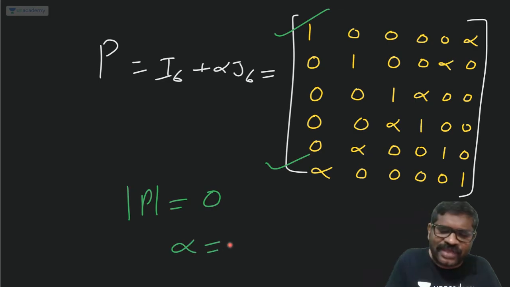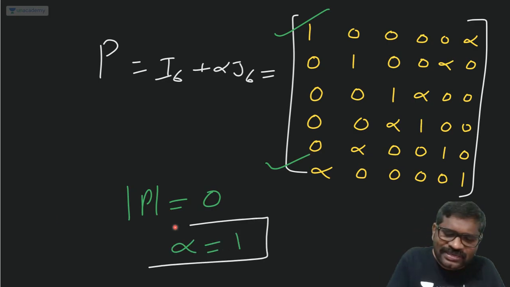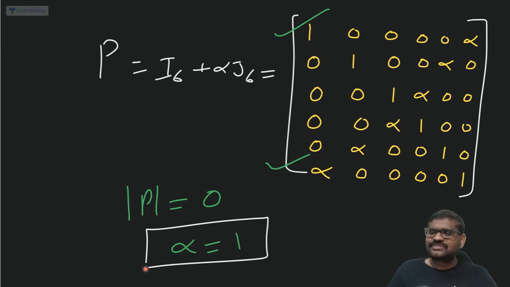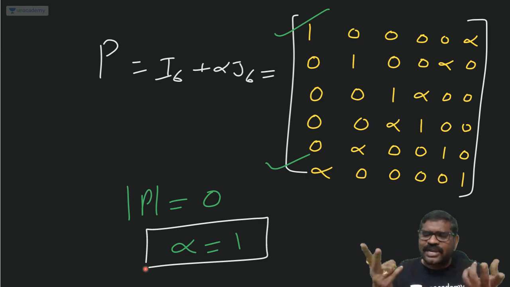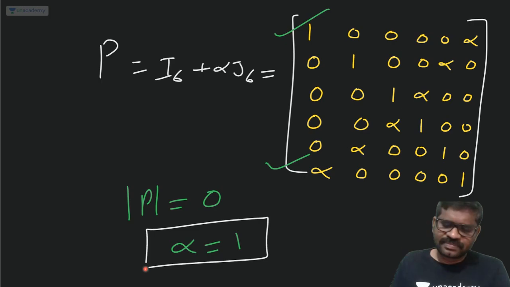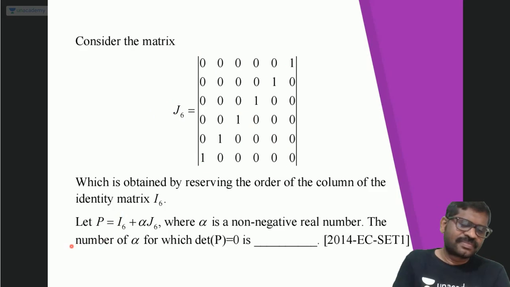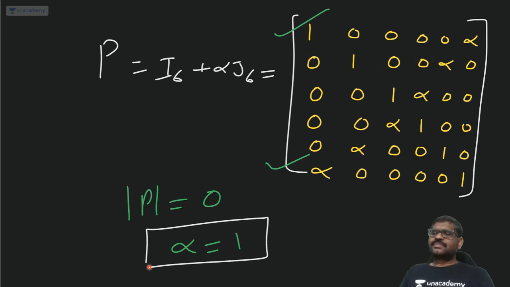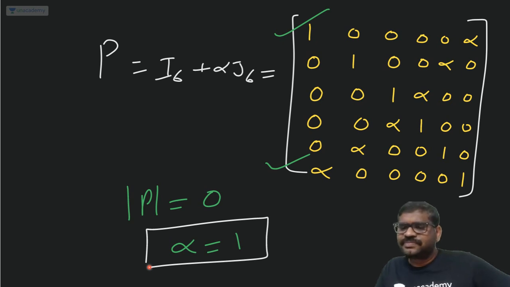Therefore alpha value must be 1. Understood? Alpha is non-negative, so how will it be minus 1?